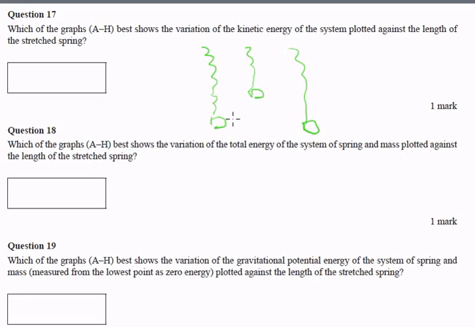Its velocity, as it gets to the bottom and turns around, its velocity is 0. As it gets to the top, it turns around and comes back down, its velocity is 0 at the top as well, and then 0 at the bottom. As it goes through the middle, its velocity is highest. Velocity is large, and then as it comes down again to here, its velocity is also large, a big number.